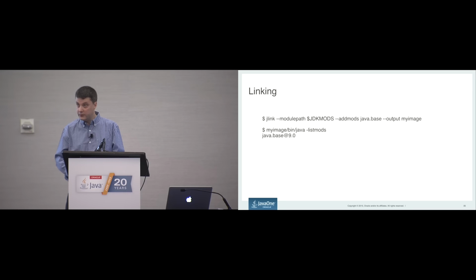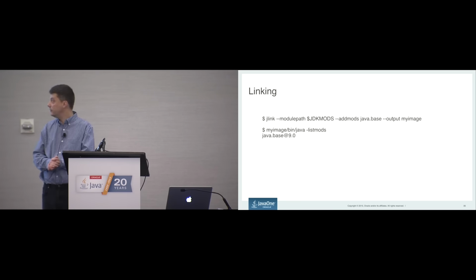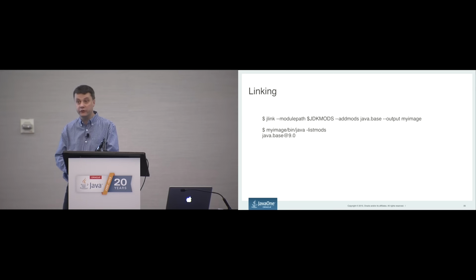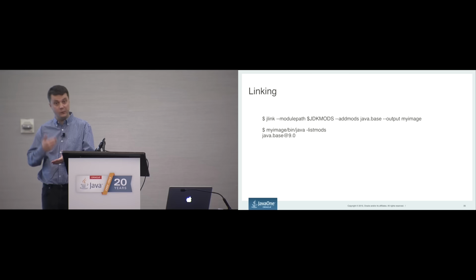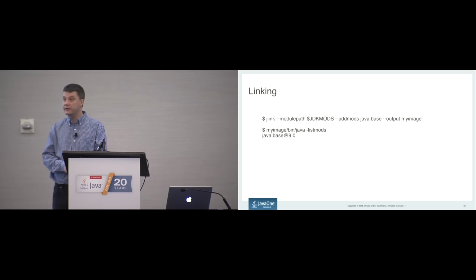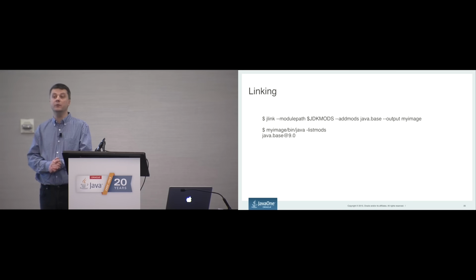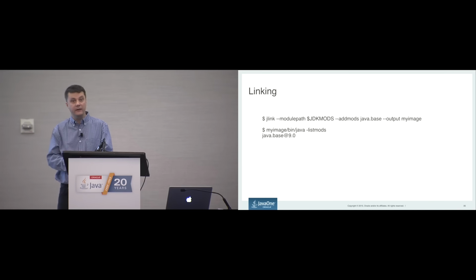It has an option to give it the module path, which is where to find the modules. There's an add mods, just like java --add-mods, which is what modules to add when we're creating this image. And I'm giving it an output directory as to where to create the image. This is the most basic jlink command that we have, and it will create a runtime image.